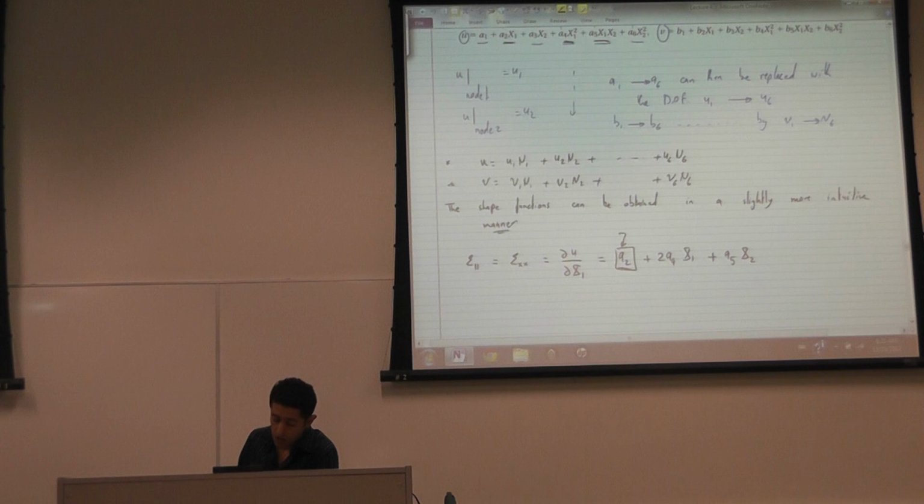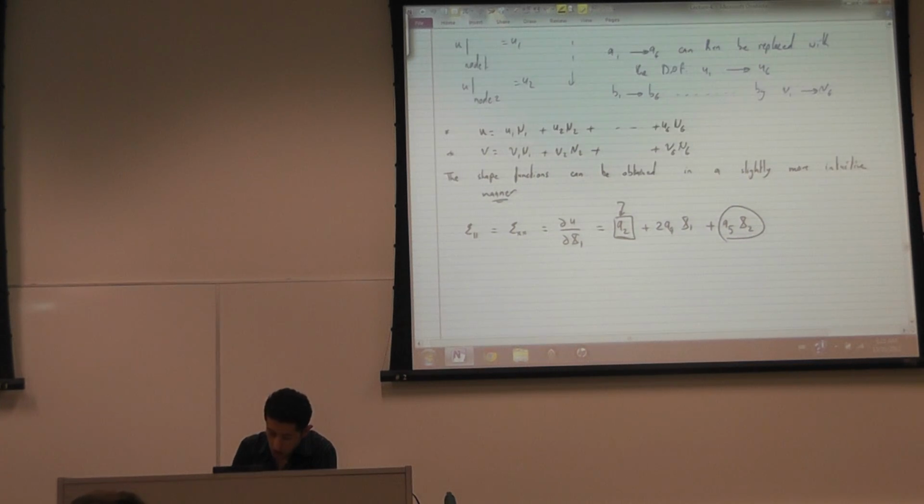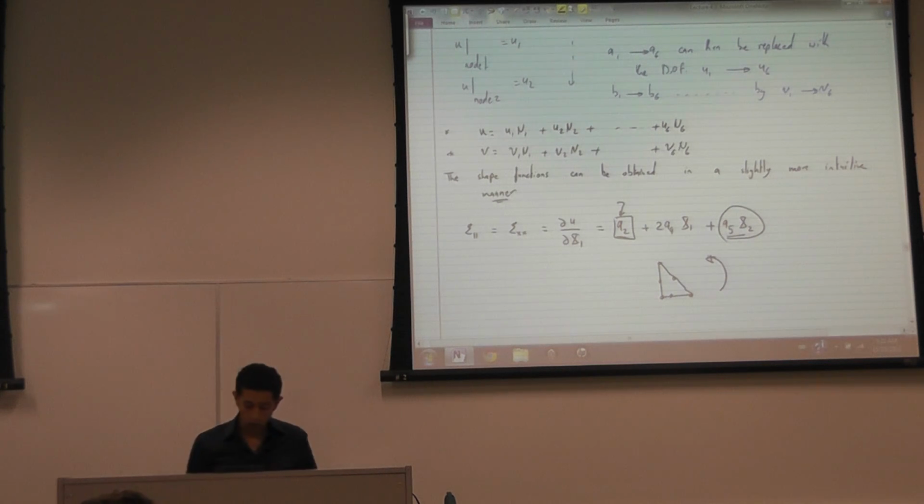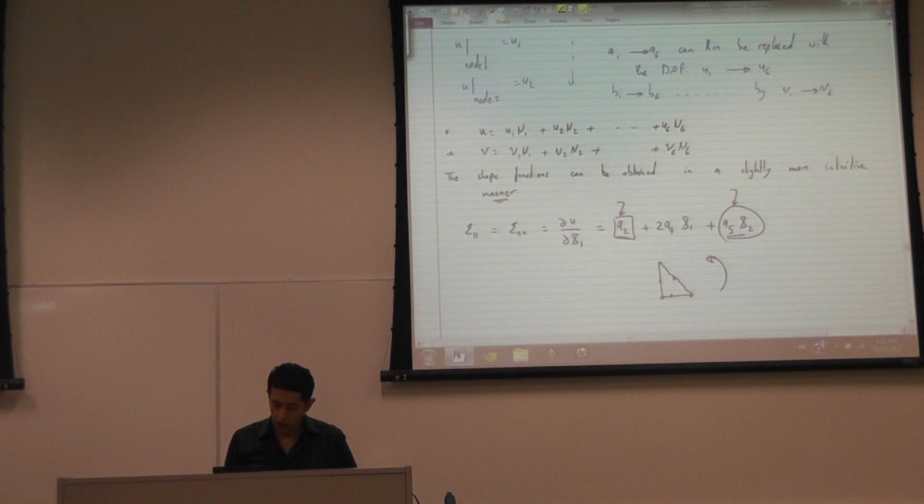If this element is under bending, so that it has a linear strain along x2, so for example if this element is like this, and I apply bending on it, then it's able to model a linear strain in the direction of x2. So it's able to model bending strain, and it's also able to model a linear strain in the x1 direction.